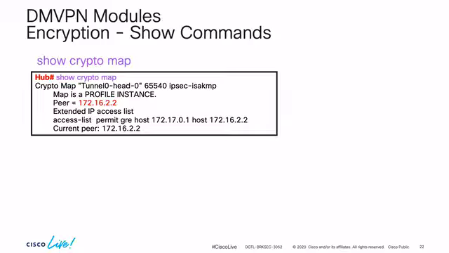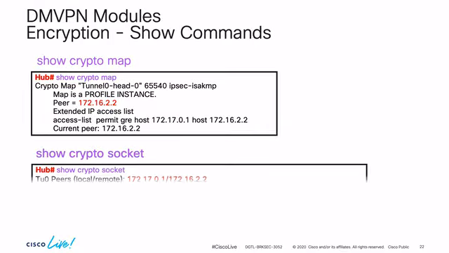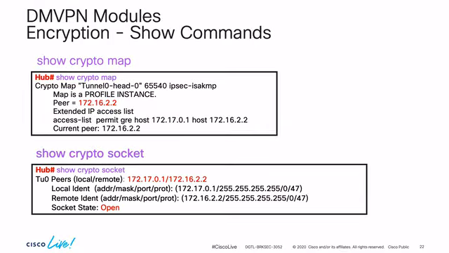The other show command which is useful as far as the encryption module is concerned is show crypto socket. As soon as tunnel protection is applied, IPsec triggers a crypto socket to be opened.